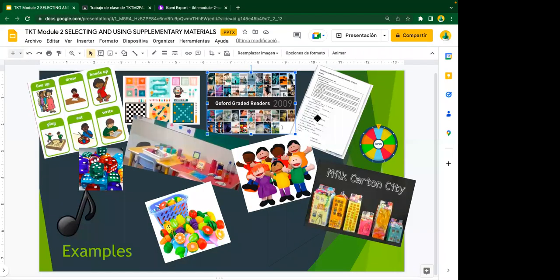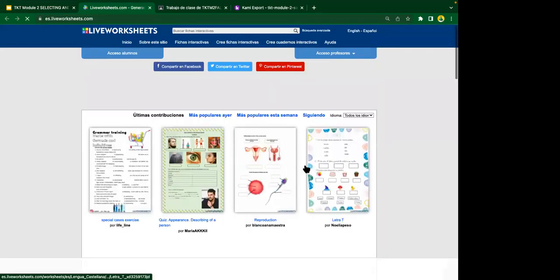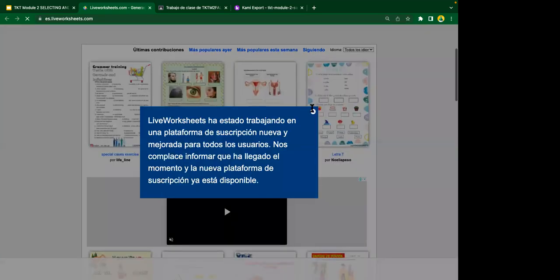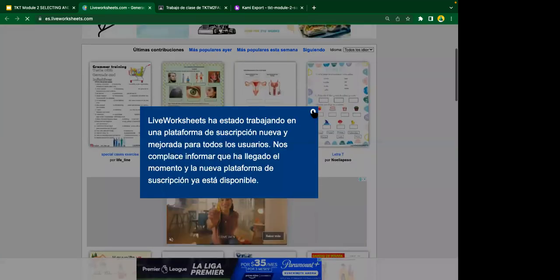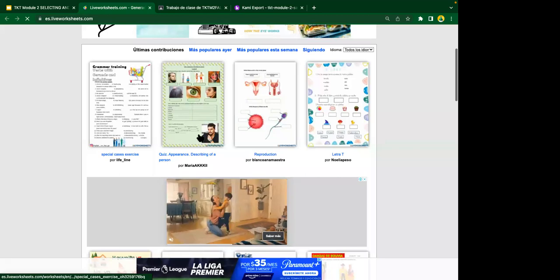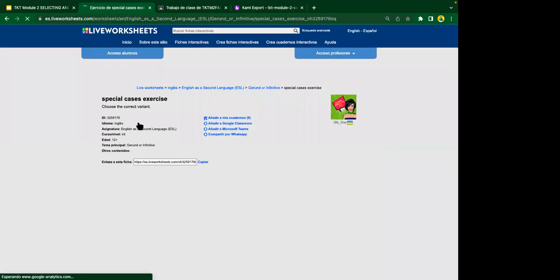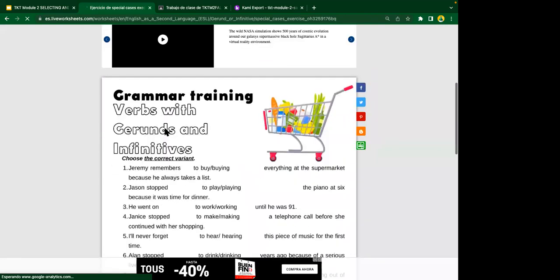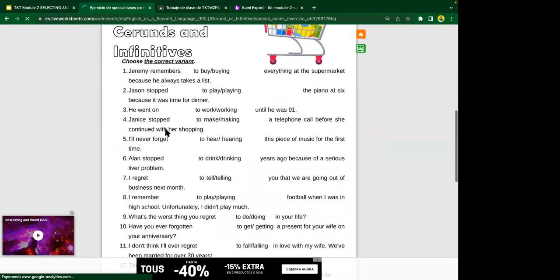Then, for the handouts, you don't necessarily need the photocopy. I don't know, let's see this one. Grammar training. Verbs with gerunds and infinitives.